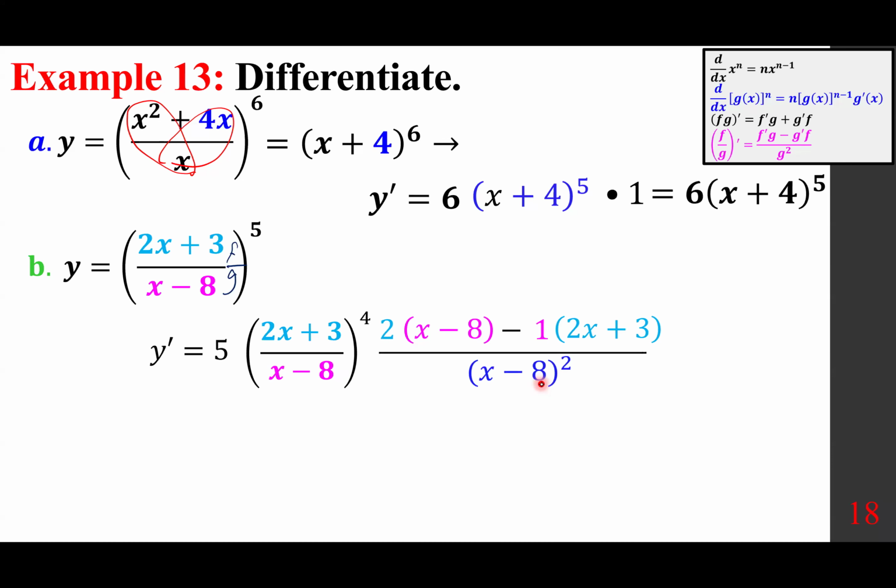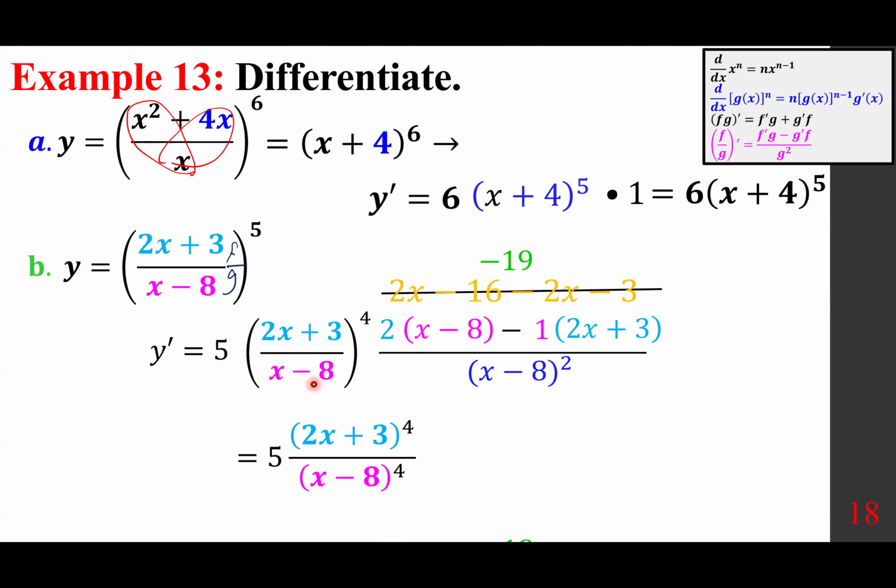Done with calculus, we're going to rewrite the whole thing by distributing here. We get 2x minus 16 minus 2x minus 3, and 2x cancels out the negative 2x. These two add up to negative 19. Now, to be clear what we have, this one is negative 19 over x minus 8 squared. This is 5. I want to make sure we understand this means 2x plus 3 to the power of 4 and x minus 8 to the power of 4.